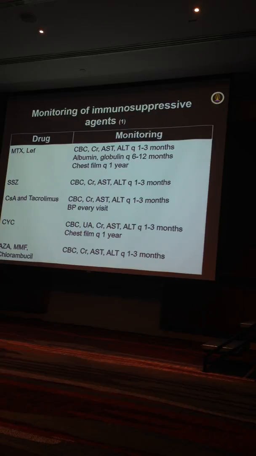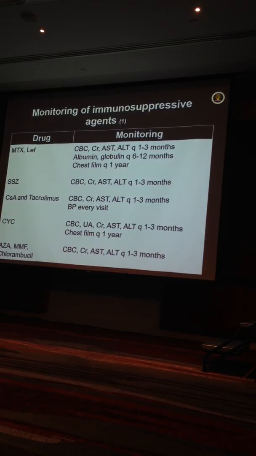In the next 2 or 3 slides, I will show how to monitor the immunosuppressive agents when you use them, because some have a lot of side effects, especially myelosuppression and liver or kidney toxicity. Methotrexate and leflunomide both have toxicity to the liver and cause myelosuppression.